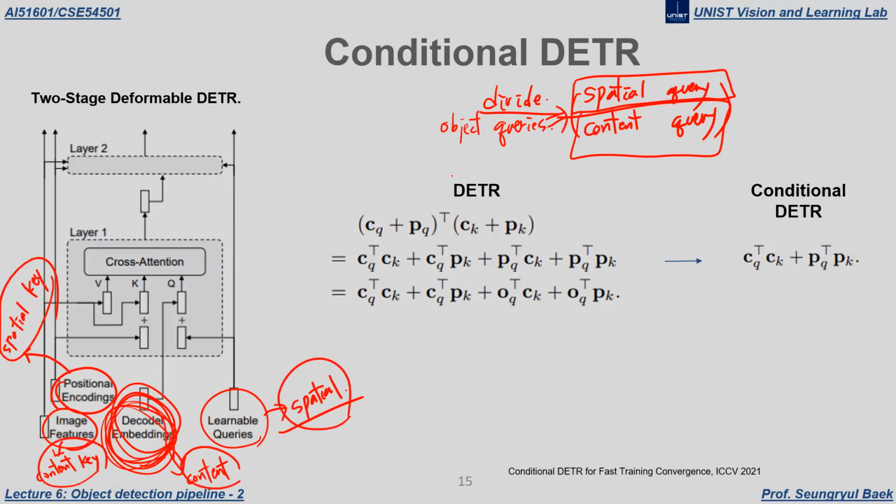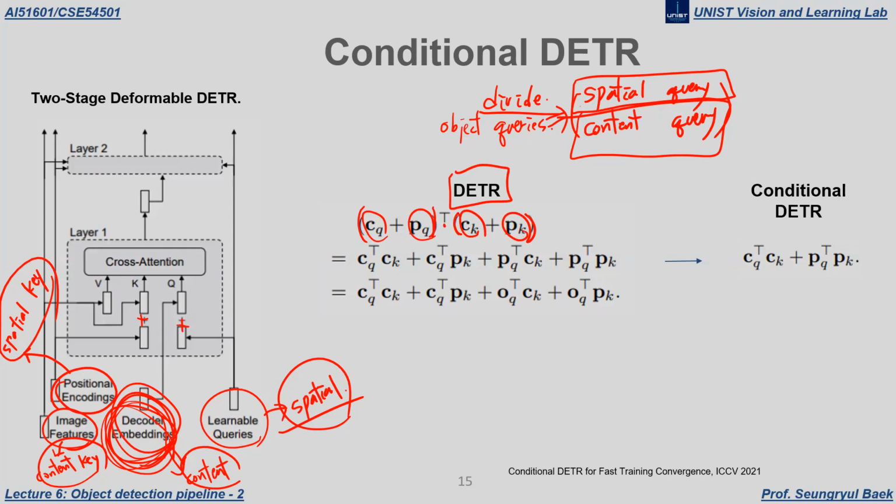So previously in DETR, CQ is the content query, PQ is the spatial query, this is the content key, and this is the spatial key. Previously, we added them in the attention mechanism, and then took the dot product.